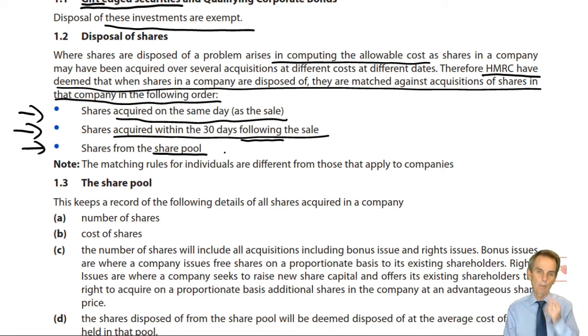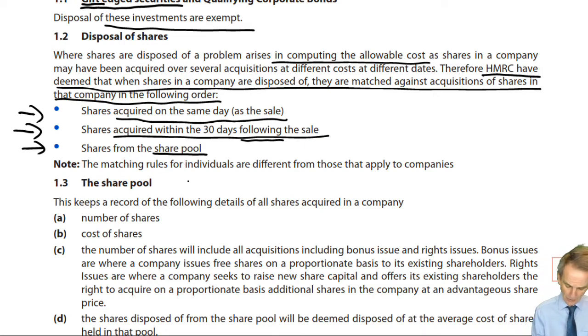What's the total number of shares in the pool at this point of disposal? What is the total cost? And divide that total cost by the number of shares and get an average cost per share. The share pool simply extracts shares from the pool at an average cost of the shares within that pool at the point of disposal. A simple mathematical exercise.